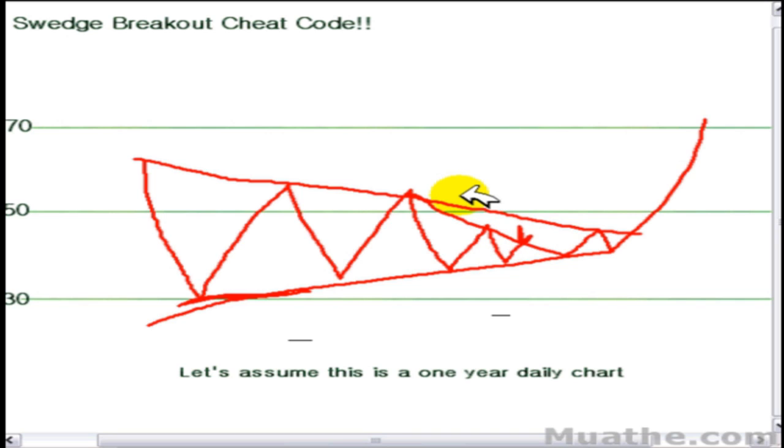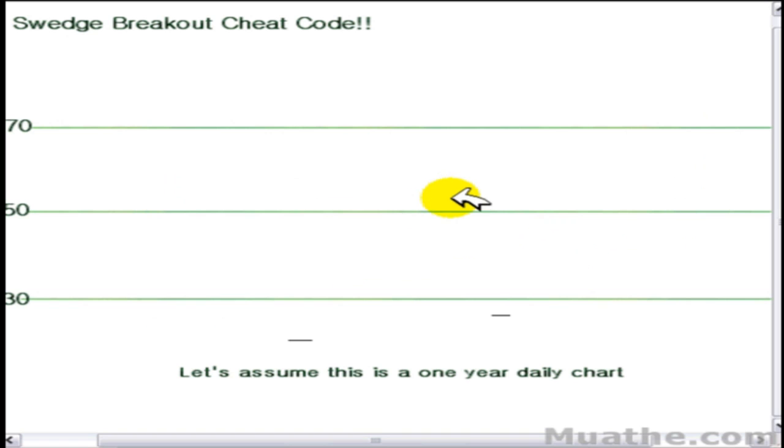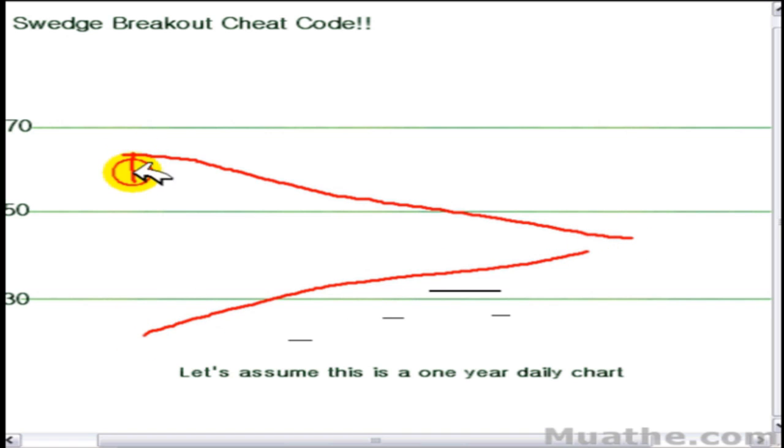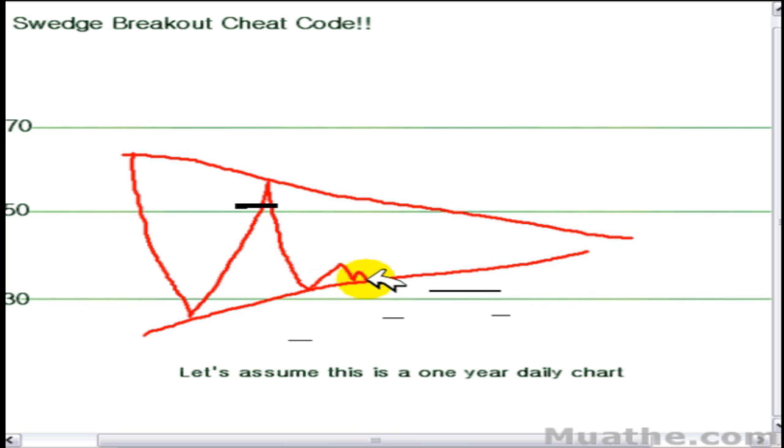Now I'm going to attempt to do this again, because I'm not sure I'm articulating this very well. Alright, let me try this. Wedge. Work with me here. And so we have something like that. And then we come here and we keep confirming these lows here.